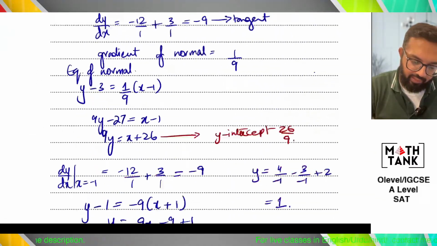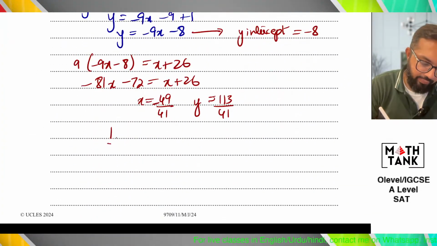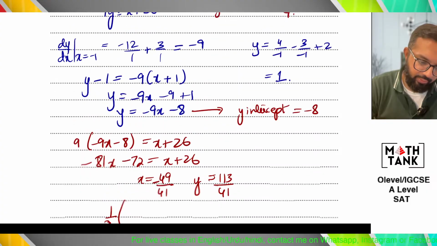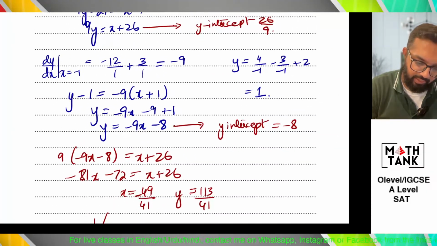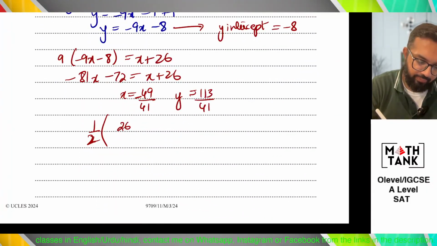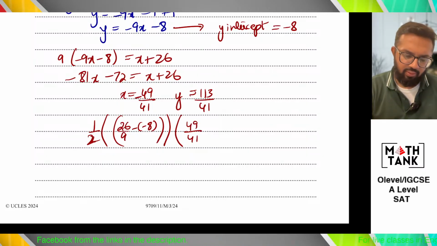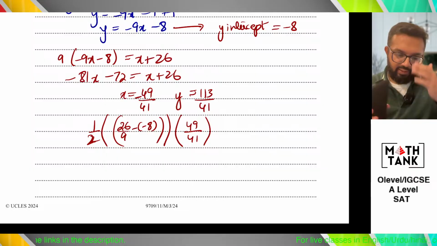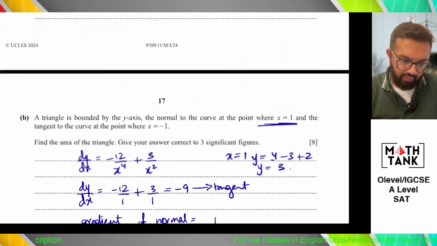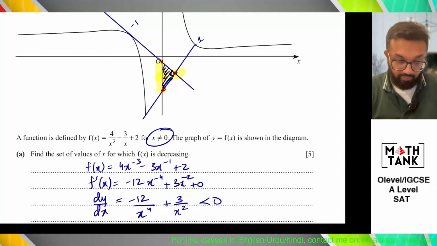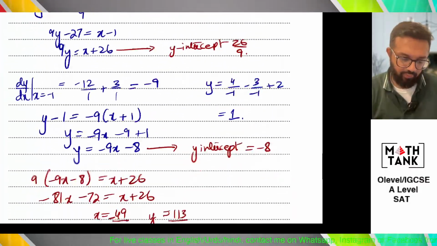So the base is half, to add the two y-intercepts together or subtract the two y-intercepts. What's the height? It's 49 over 40. I have a feeling this is 49 over 40. Maybe it's right, I don't know for sure.